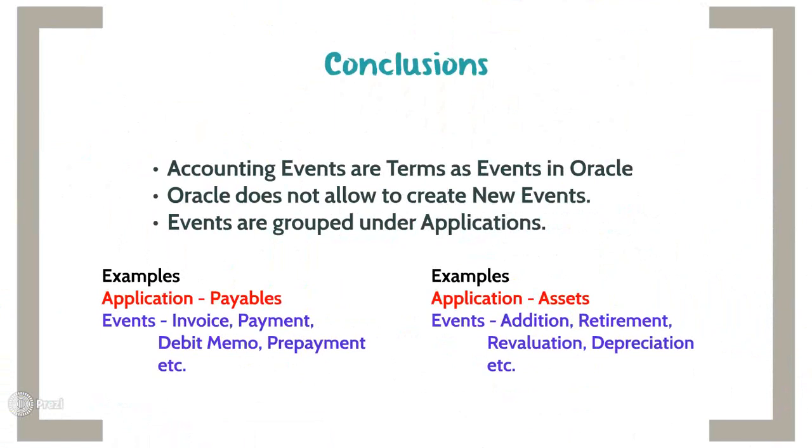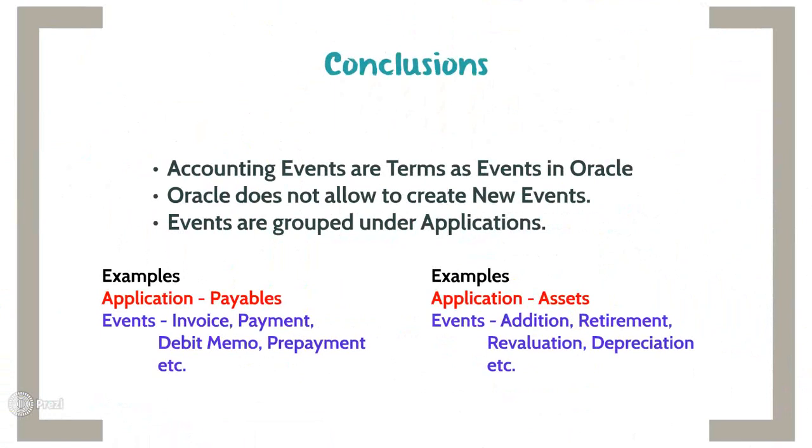So if I am entering into, say, a payable invoice, Oracle knows that in this form the event that will take place is invoice, and if you are making a debit memo, that is a debit memo event. I cannot create my own, say, invoice type and make a new event. That's no longer a new event. That will be the same event. So I cannot create my own events.